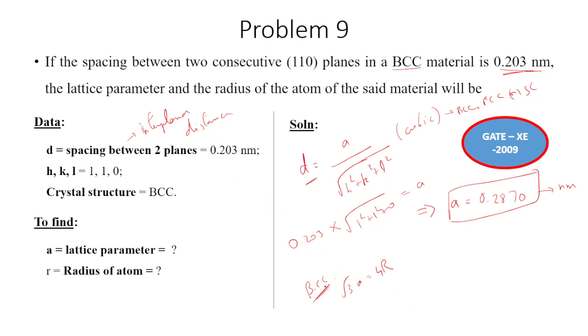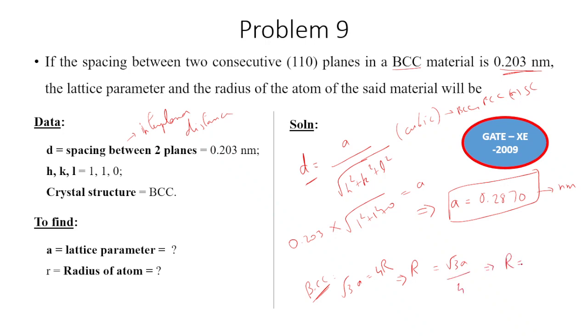So for BCC, we know that root 3a is equal to 4r from our previous calculation, right? So from this, we find the r value. R is equal to root 3a by 4.